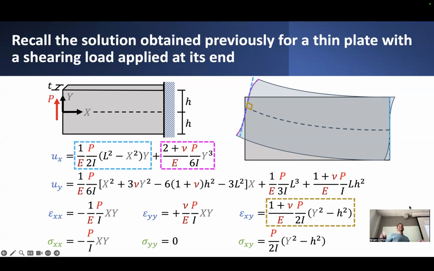We went through a lengthy derivation to come up with the solution to this plane stress elasticity problem and enforced all the boundary conditions. We used Airy's stress function to come up with the analytical solution as shown here for the in-plane displacement fields, displacement in the X and Y directions.